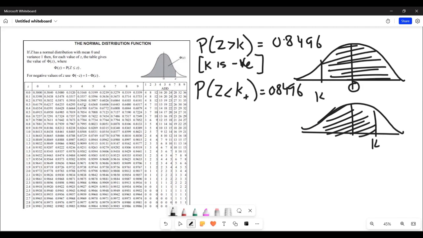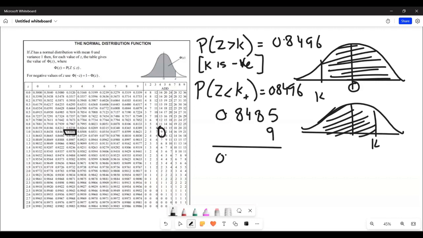Do we have this? 8496. No, we have 8485. So what do we add to it? 11 तो नहीं है इसमें right side में इसके. 0.8485. Okay, if you don't have 11, look for a value smaller than 11. So what can we add? Add this 9.